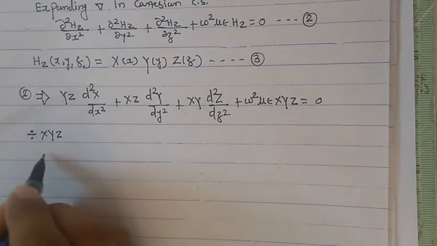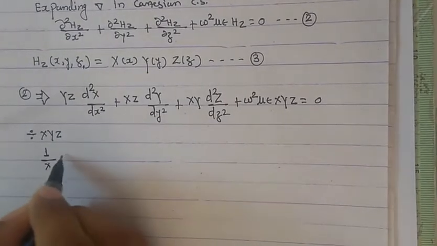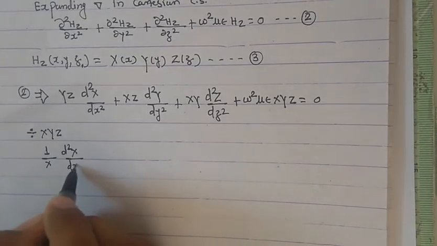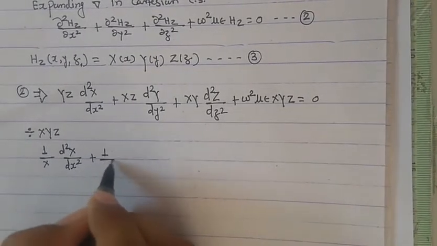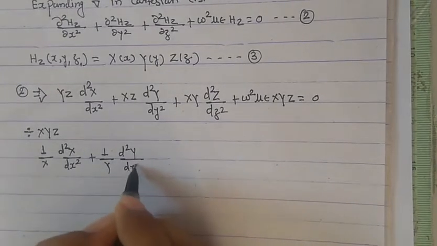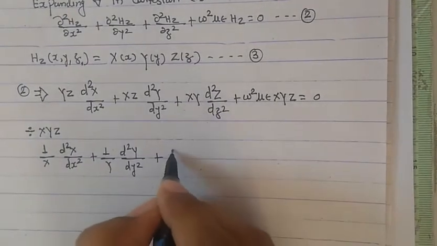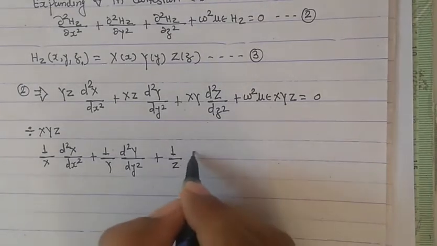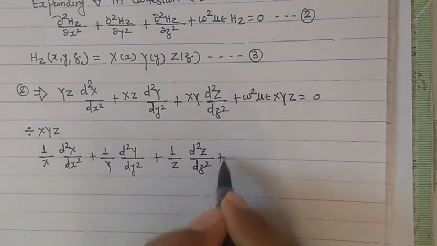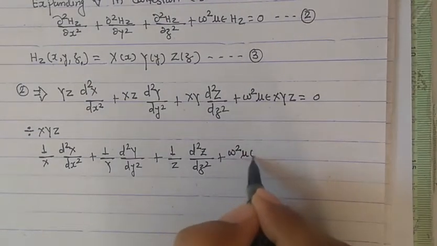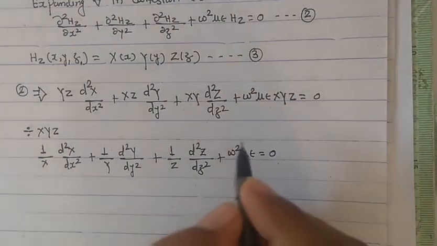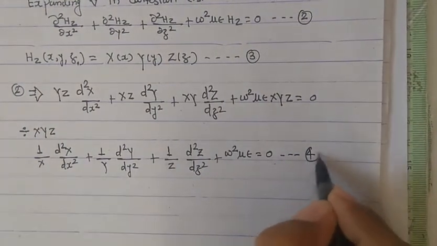So we get 1 over X d square X by dx square and so on. Let us call this equation 4.